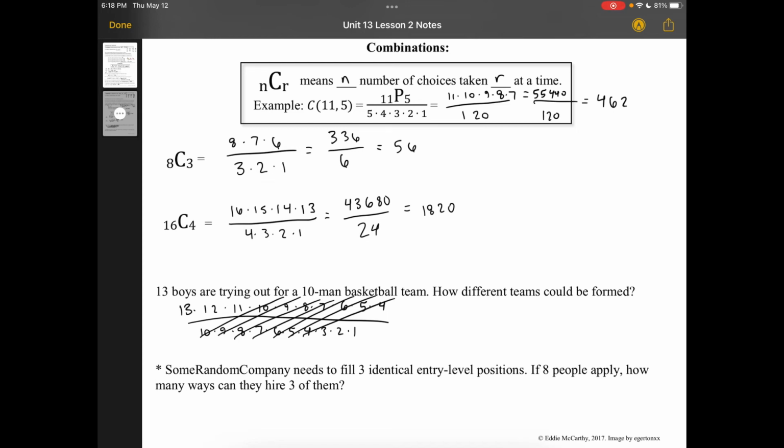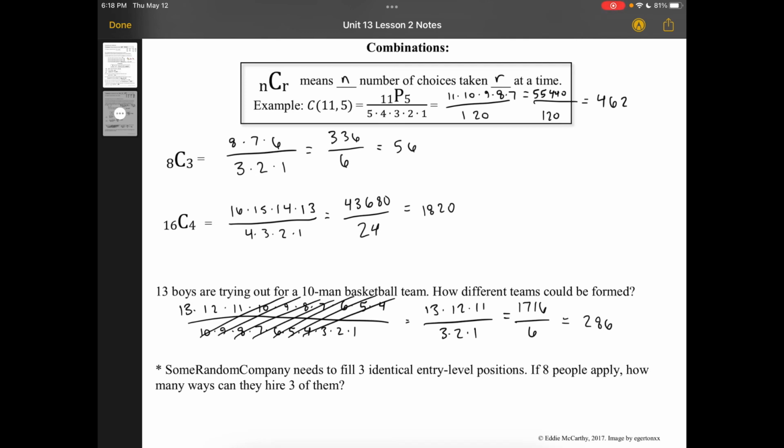So really all I have to do is 13 times 12 times 11 divided by 3 times 2 times 1. 13 times 12 times 11 is 1,716, over 3 times 2 times 1, which is 6. Divide that by 6, and we get 286 different combinations.